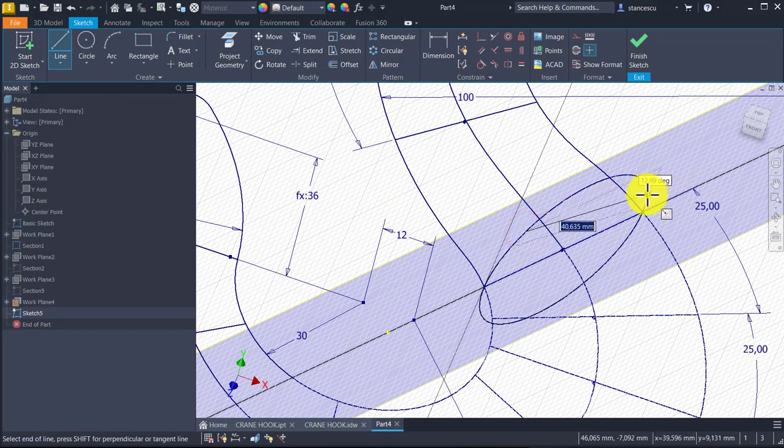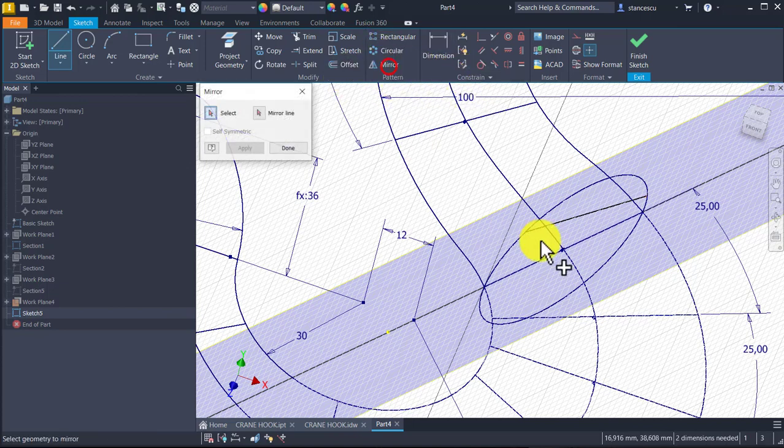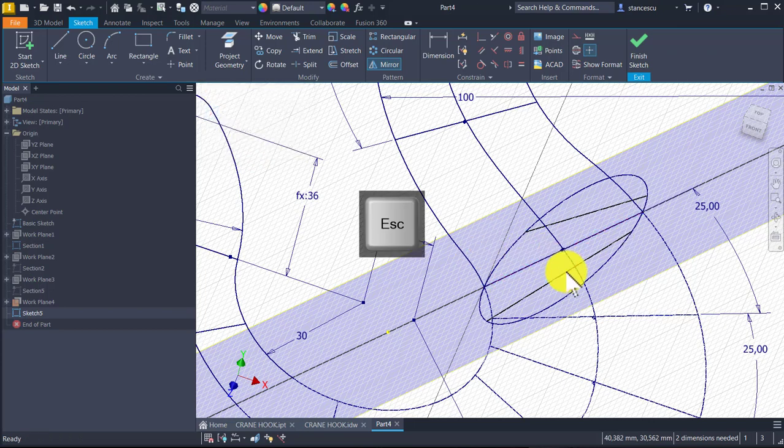one and the other is mirrored. I apply mirror between this line and the diameter. Apply. I make this a construction.